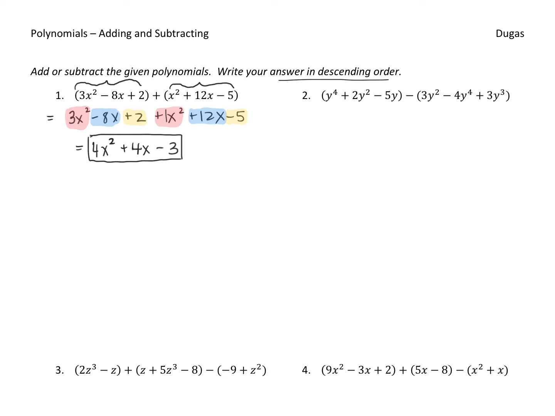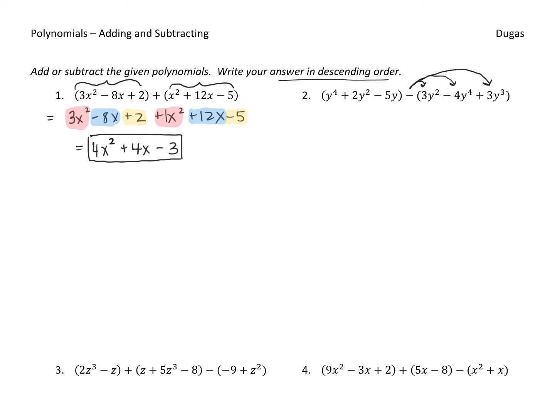All right, let's look at number 2. Number 2, we have a trinomial minus another trinomial. The minus or the subtraction, the parentheses are necessary. Remember that we have something called the distribution rule, and that means we can distribute whatever is on the outside of the parentheses.